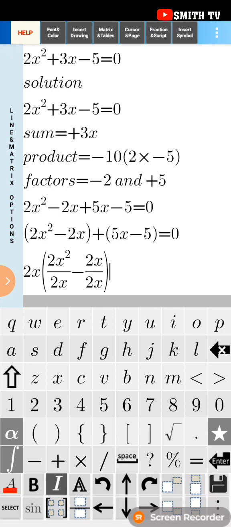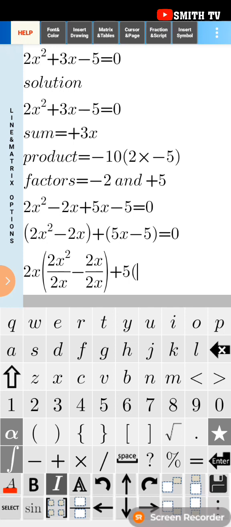For the second bracket, the common factor is just 5. In 5x minus 5, I can see 5 here and 5 there. So I take out the 5, so that will be plus 5, open bracket.